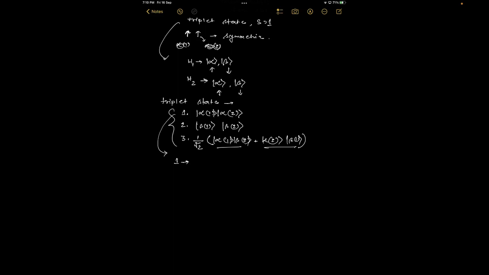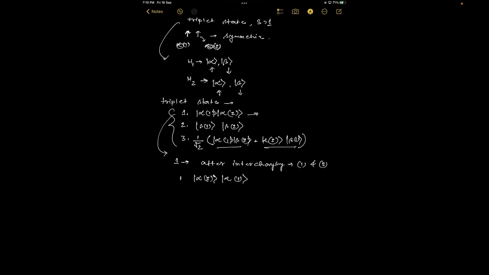So after interchanging 1 and 2 hydrogen atom, this wave function will be transformed as alpha 1, replacing 1 with 2, alpha 2 times alpha 1, replacing 2 by 1, right?